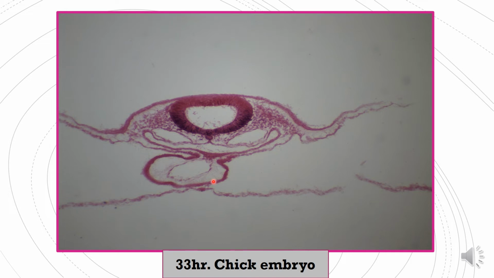You can see this is the epimyocardial mantle. The epimyocardial mantle is continuous with the visceral lateral plate of the mesoderm, because it is derived from the visceral lateral plate of the mesoderm.